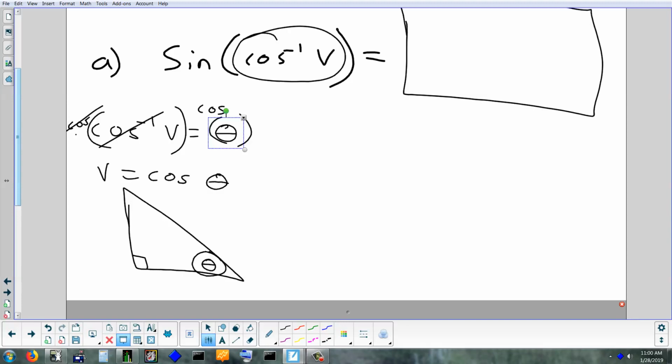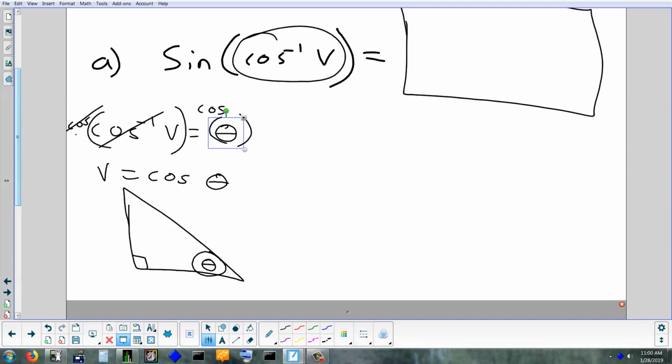Anybody see what it is? You could plug theta into some function, and the answer is already on the board. What function could you plug theta into?